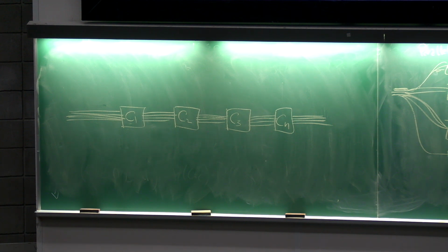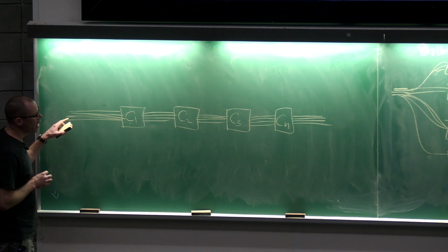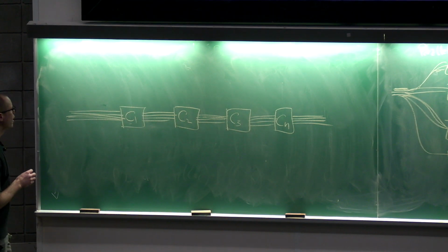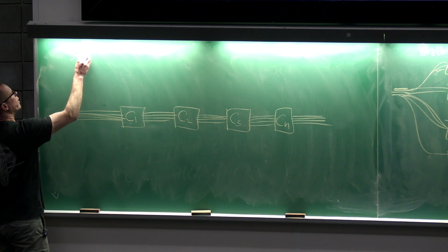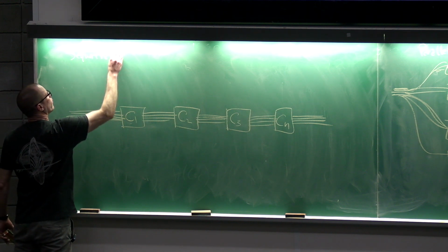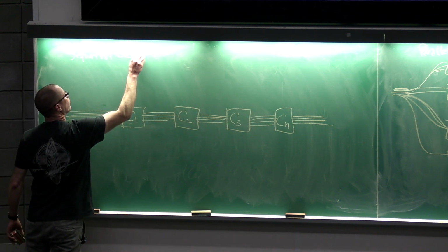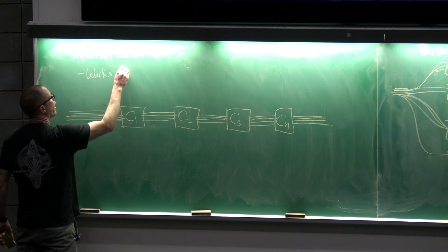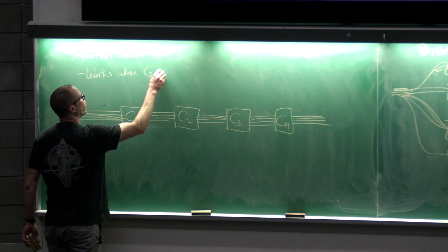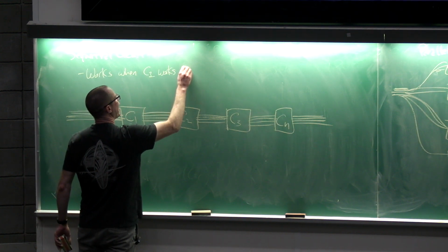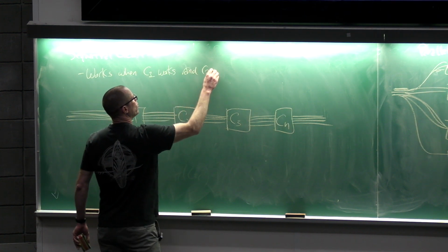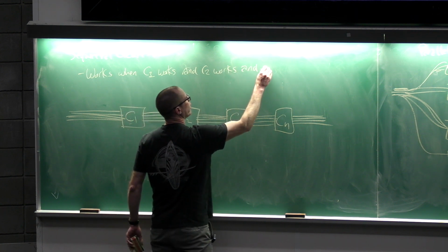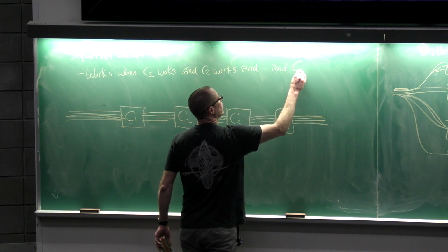And we'll see in a second, it's a bad idea to design circuits this way, because this is a sequential circuit. It works when C1 works and C2 works, and so on, Cn works.